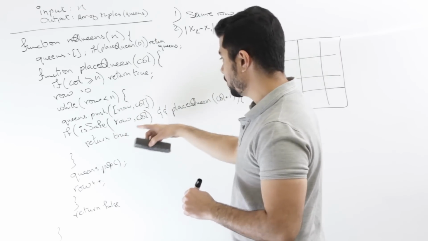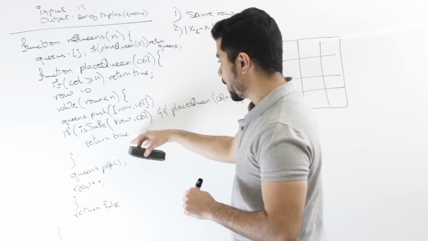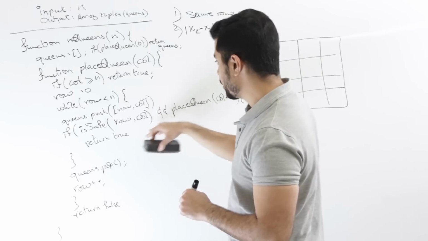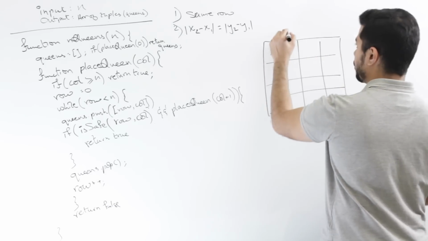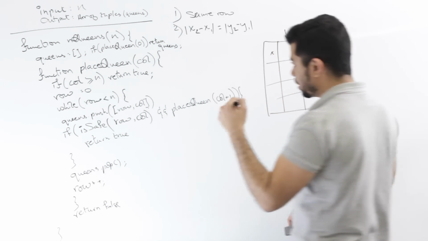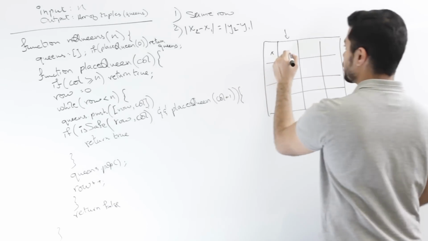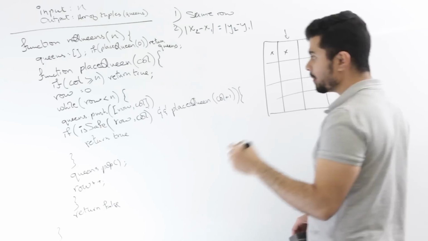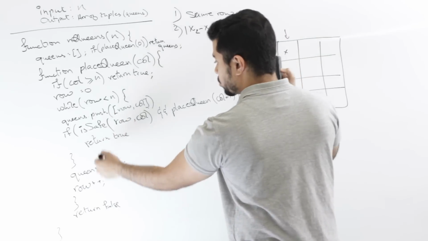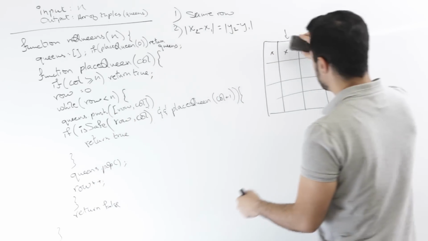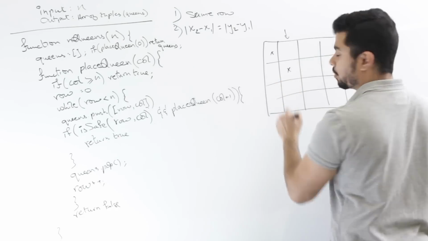Right now it is safe, so it recurses on column plus 1. So now it's at this particular column, does the same thing. It's on the first step over here. It sees that no, this is not going to work out, it's not safe. So it pops it and then increments the row. So we are over there.